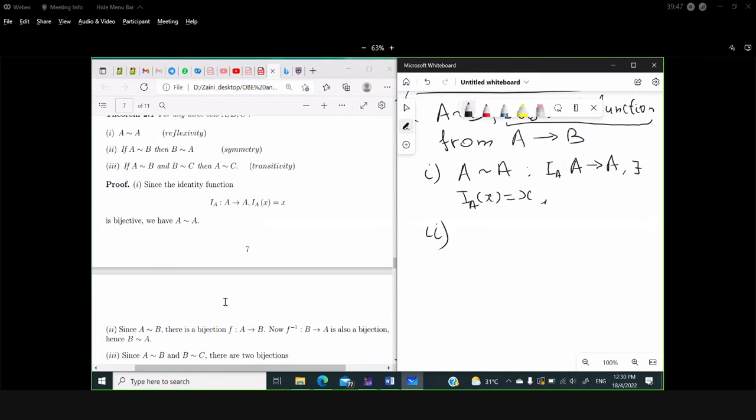Let A be equivalent to B. It means there exists a bijective function F mapping from A to B. According to the definition, A equivalent to B means there exists a bijective function F such that F maps A to B.